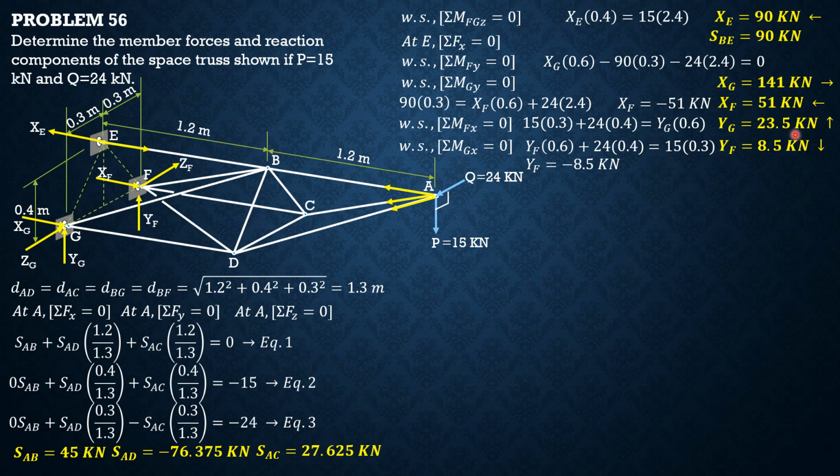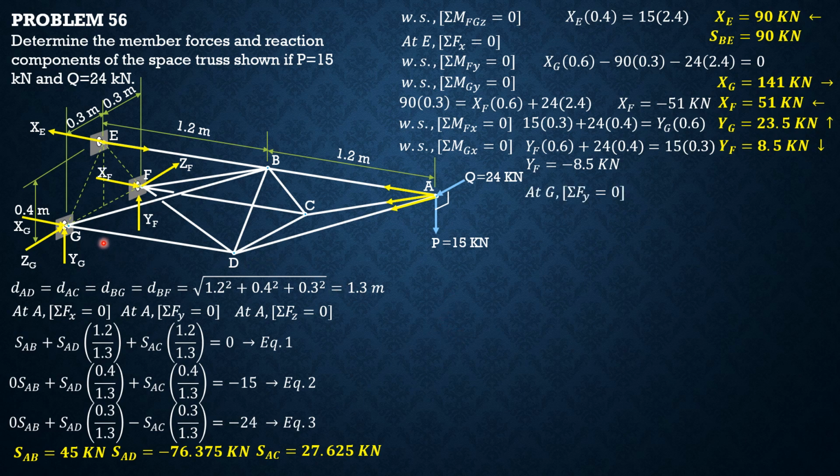YG 23.5 upward, YF 8.5 downward, 23.5 minus 8.5 is 15, minus 15 is 0. So it is also balanced along y. Along z, we do not know yet GZ and FZ. We will find them by the forces in members. Then let's check later on summation forces along z.